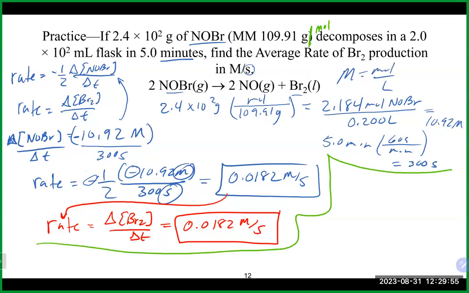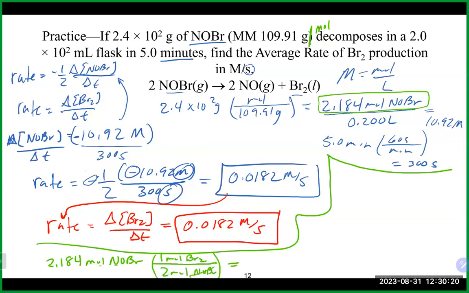We'll pick up the problem right here where we just converted our reactant into moles. So we could have at that point done our 2.184 moles of NOBr. And just like a normal mole-to-mole relationship from the equation, we see we have 1 mole of Br2 and 2 moles of NOBr, right?